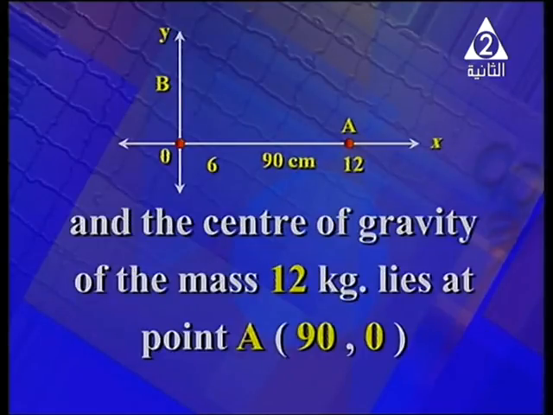And the center of gravity of the 12 kilogram mass lies at point A (90, 0). Why? Because the distance between the two bodies is 90 centimeter. The first body, its mass 6 kilogram, is at the origin point (0, 0), but the second mass 12 lies on the x-axis also, with coordinates (90, 0).